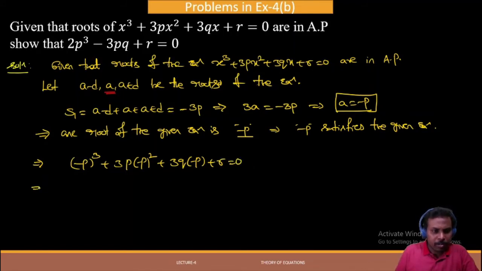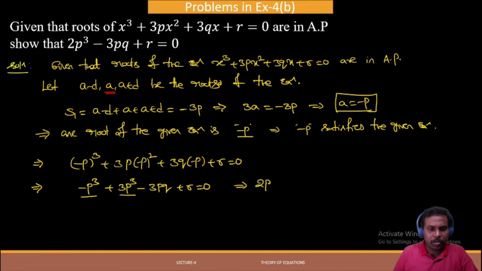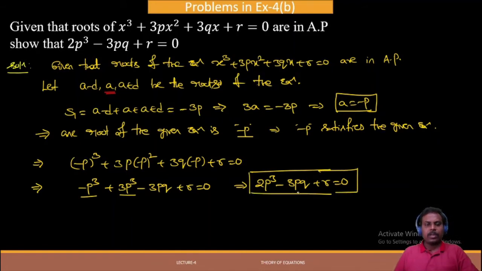So this implies minus p whole cube is minus p cube plus 3p cube minus 3pq plus r is equal to 0. So this is minus p cube, this is 3p cube, this becomes 2 into p cube minus 3pq plus r is equal to 0. So this is what we are supposed to prove actually. Hope you have understood the solution.